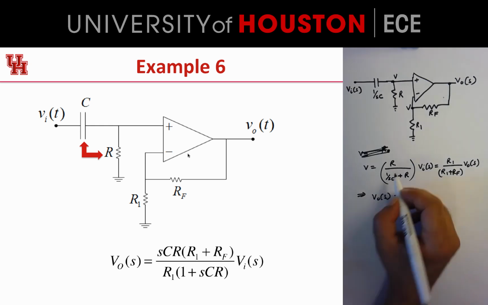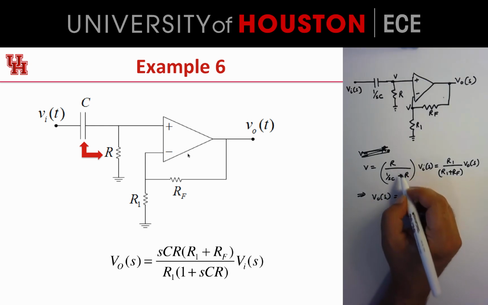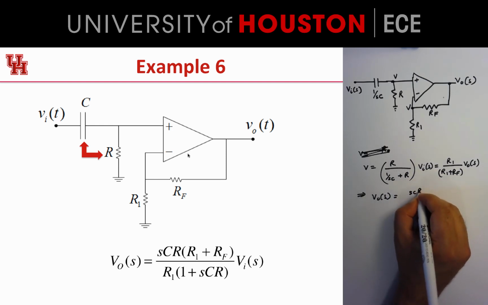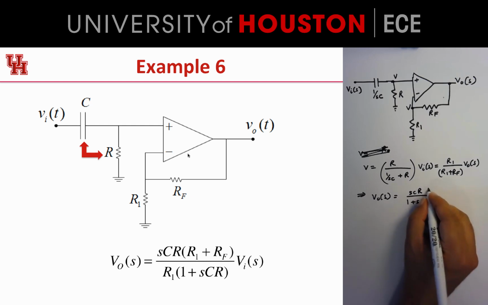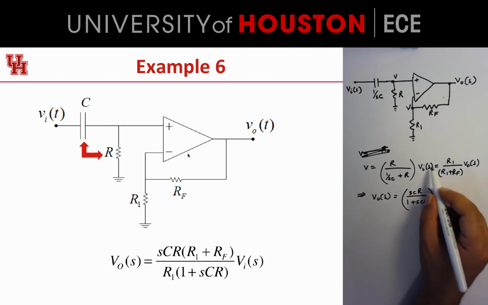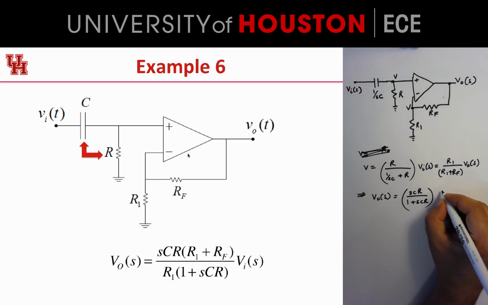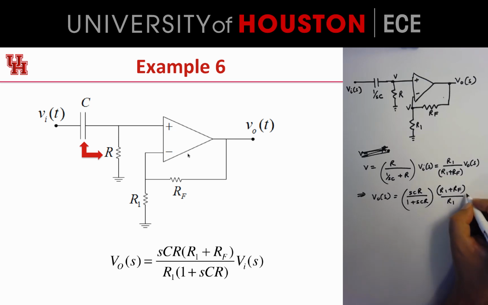Now I'm just going to multiply the top and bottom by SC. So I get SCR divided by 1 plus SCR times V input, and now for the numerator, I'm going to just move this whole guy to the other side, so it's R1 plus RF divided by R1 times V input of S, and that's our answer.